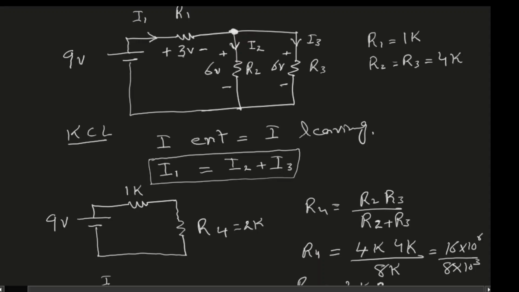And now you can see 3 volts plus 6 volt is a total of 9 volts, which is equal to the source voltage of 9 volts. So 9 volts is the rise because of the source, and 9 volts is the drop because of the two resistors. So now we know the voltage drop across the two resistors R2 and R3.